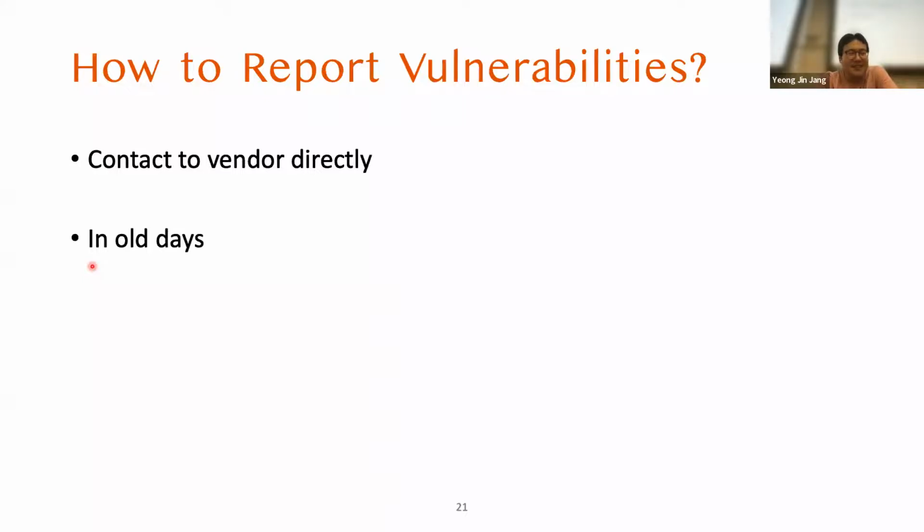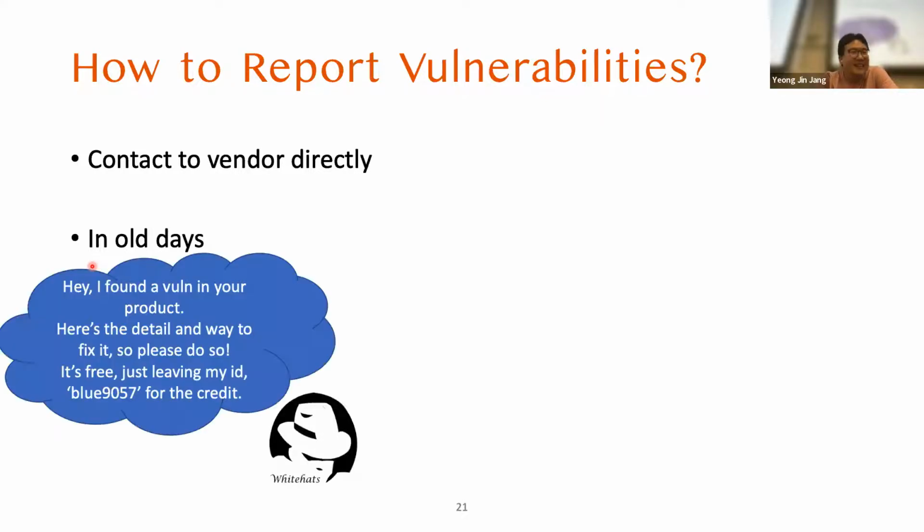In the old days, for example before 2010, when a white hat hacker came in, suppose I found a vulnerability in some company's product. Then I could send an email saying I found your vulnerability, I know how to fix it, and here's a potential fix. I don't need the money, just leave my internet ID as the credit.